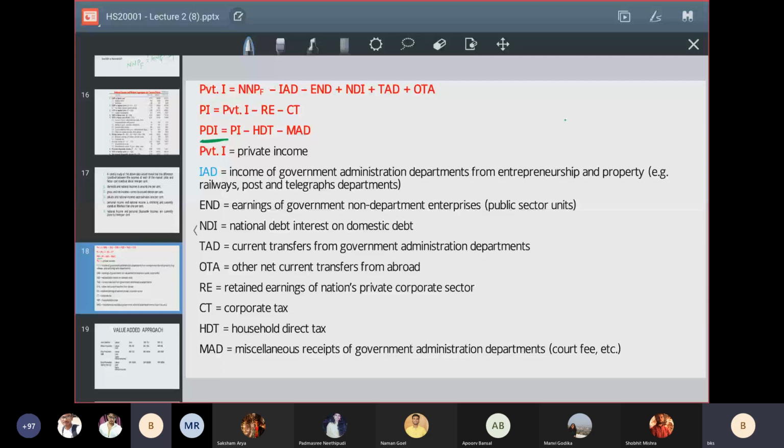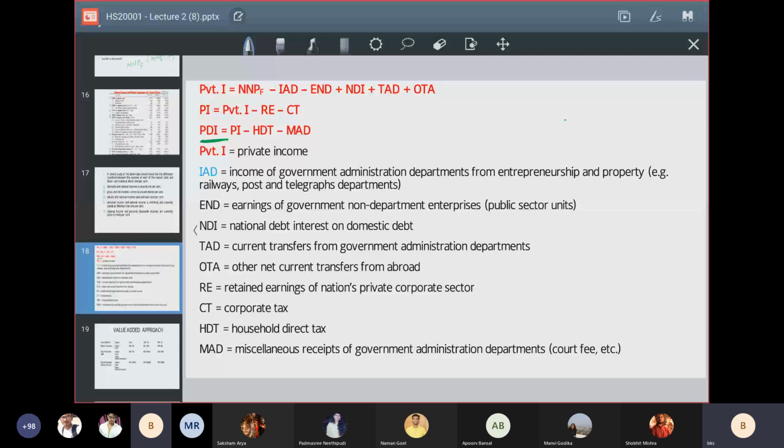However, it is worth mentioning that the miscellaneous receipts of government administration departments, such as fees and fines, constitute a very minor part of that. Therefore, we can say private disposable income is equal to private income minus direct taxes.